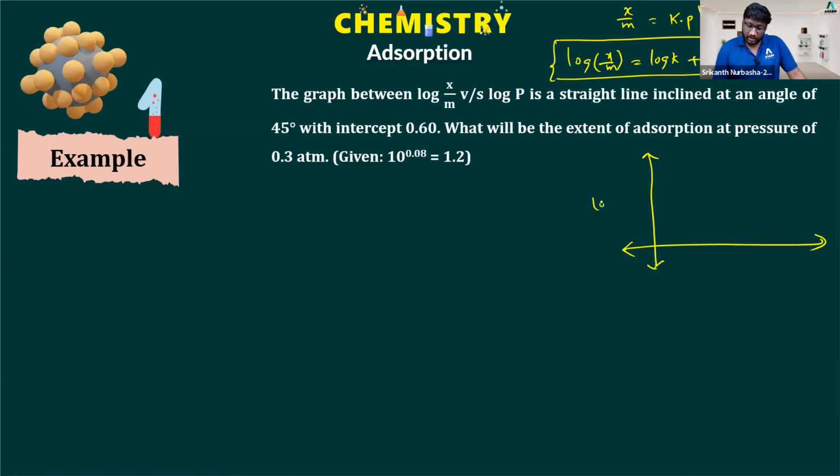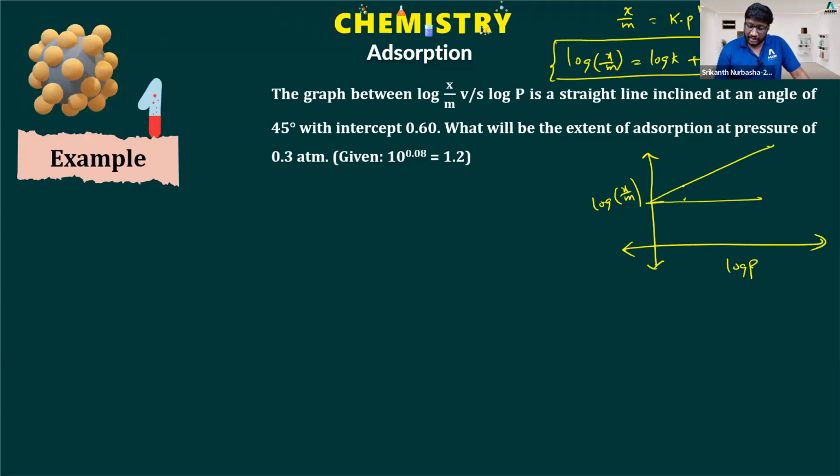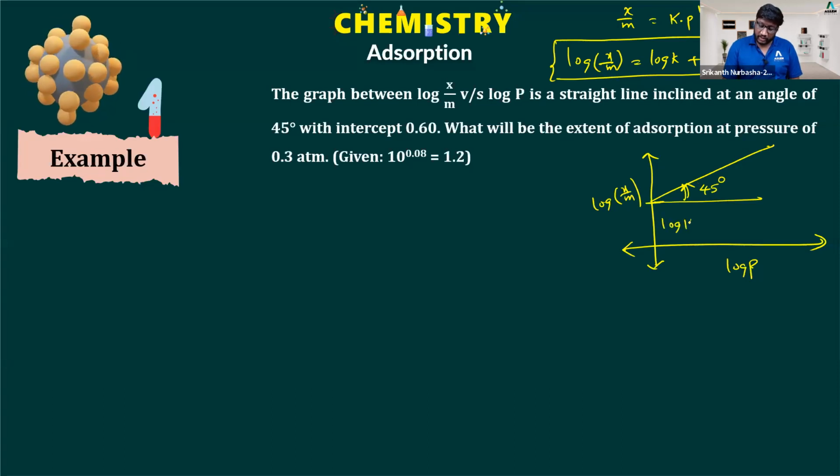So log of x by m you can take on the y-axis, and log p on the x-axis. So you have a straight line inclined at an angle of 45 degrees, and the intercept is log k.